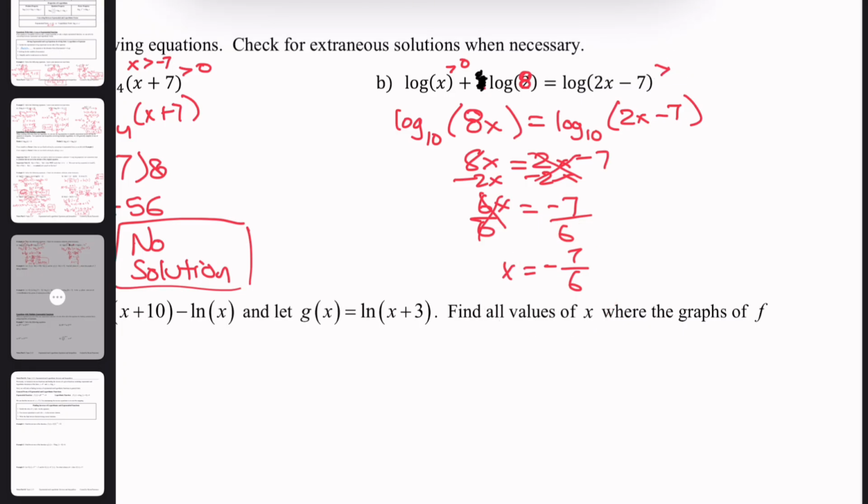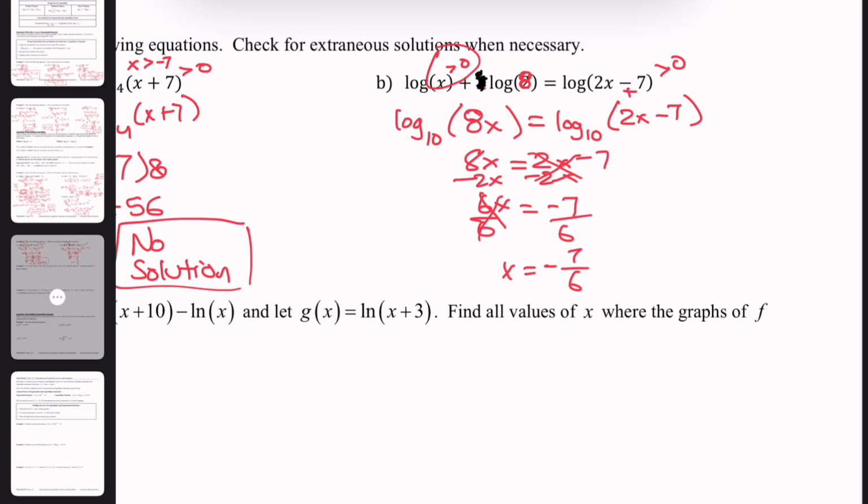Since this one is x is greater than negative 2 over 7, this would be more restrictive. If this number is greater than 0, this would be more restrictive, but it's a positive number, which already makes this not work, so we can already tell it's no solution.